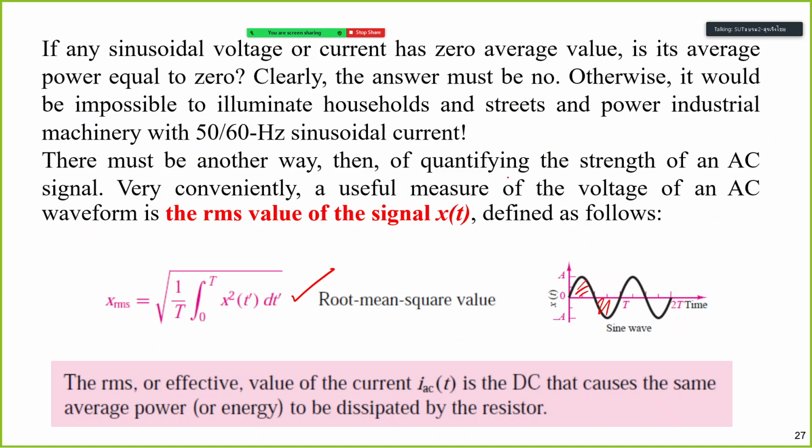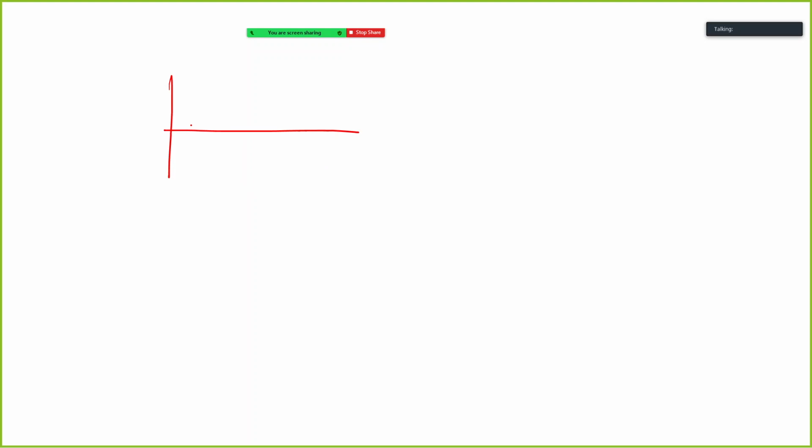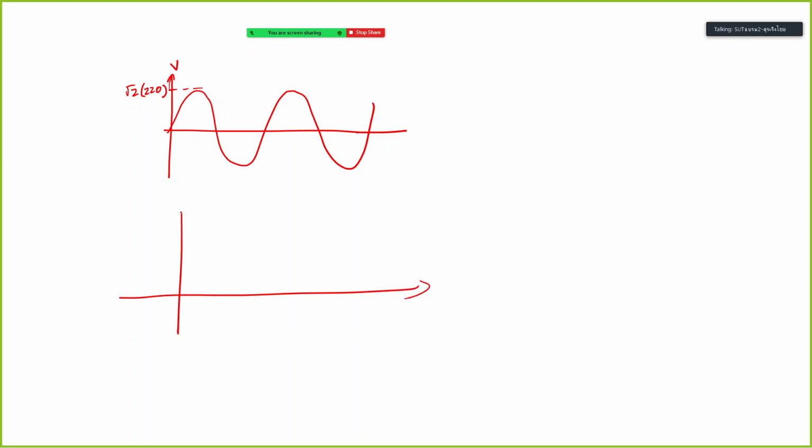For example, if we have a signal where the peak is square root 2 times 220 volts, and we have a DC source of 220 volts, these two sources will supply the same energy to the same load.